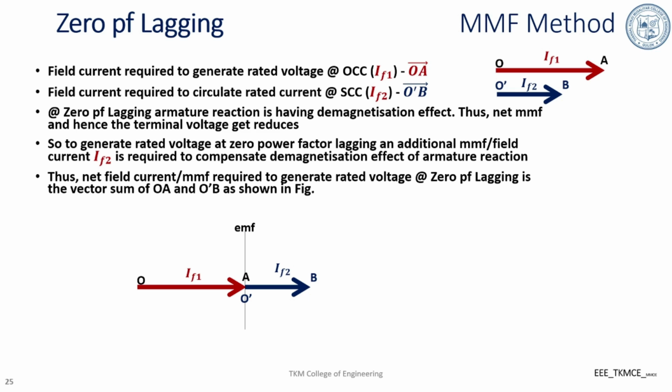Then resultant field current is the vector sum of OA and OB. So OB indicates resultant field current IFR. It can be seen that the magnitude of OB phasor is greater than the magnitude of the field current which is required to generate rated voltage under open circuit condition.